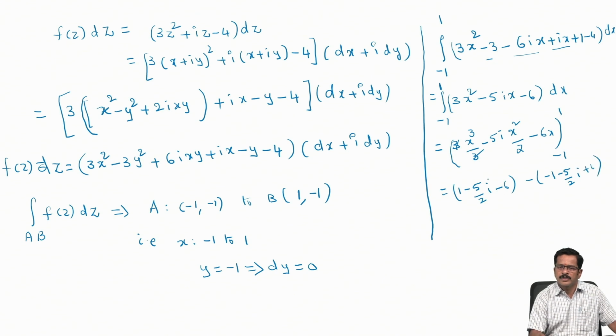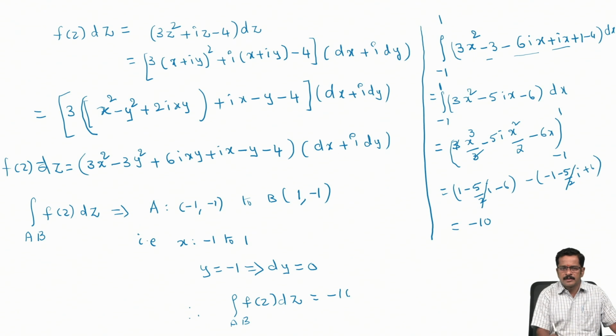So here minus 5i by 2 and plus 5i by 2 get cancelled. So 1 minus 6 is minus 5, so twice it is going to be minus 10. So this is the integration value along AB. Therefore along AB the f of z dz value is going to be minus 10.